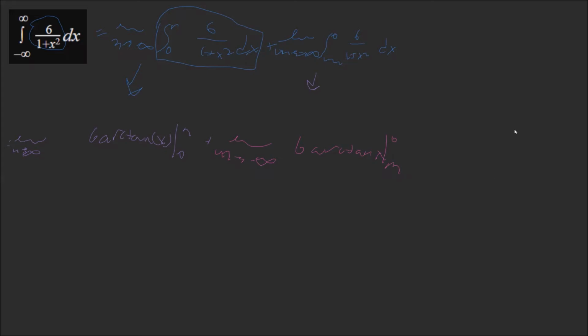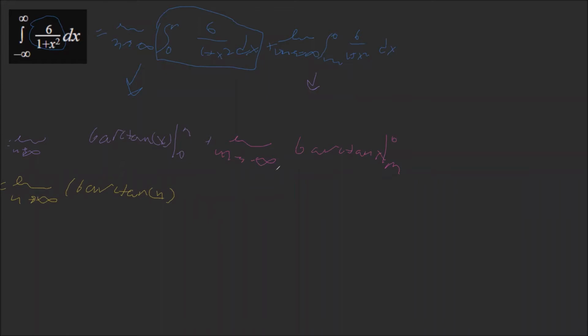If we take a look at the left side, we can see that we end up with the limit as n approaches infinity of 6 arctan n minus 6 arctan 0. And I believe 6 arctan 0 is equal to 0 because arctan 0 is 0, if I recall correctly.